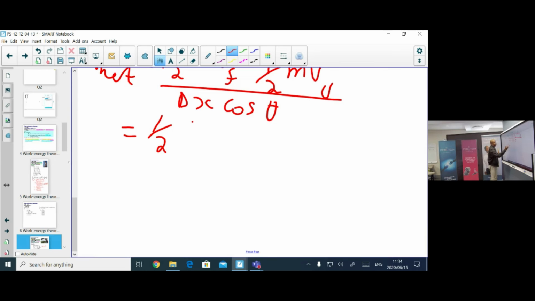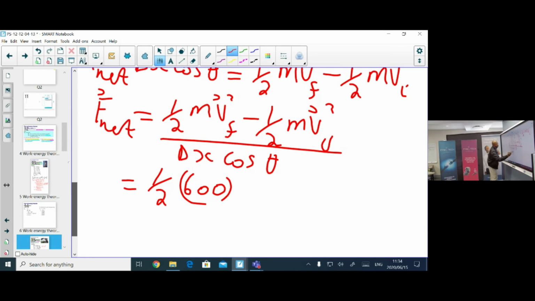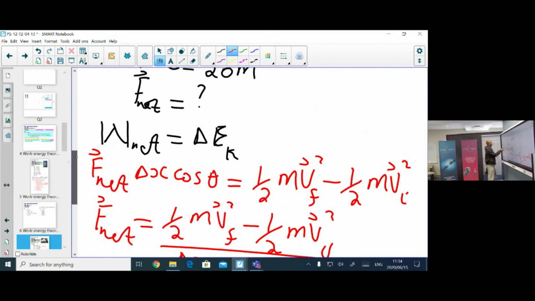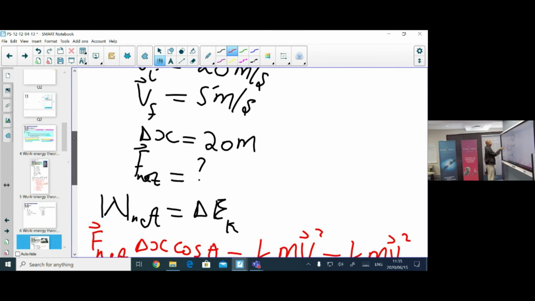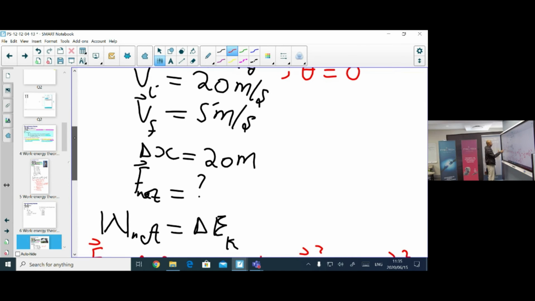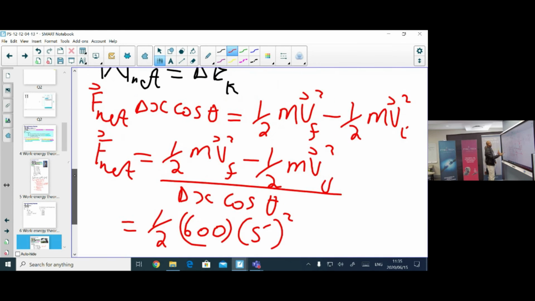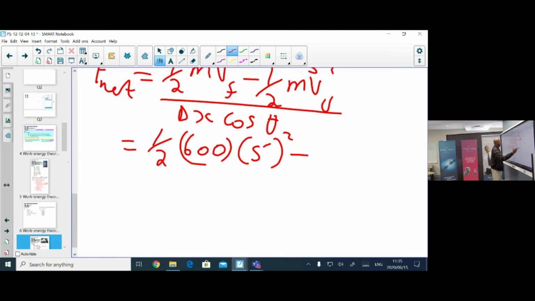That is 600 in kilograms, multiplied by the final velocity. The final velocity there is 5 meters per second. That is 5. You have to say squared. Minus half. The mass there is 600. Don't forget that. The mass is 600.